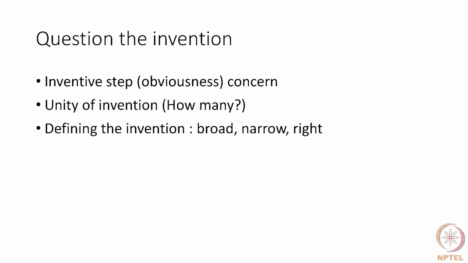Now, in defining the invention, you could either take an approach of crafting a broad problem solution statement, depending on your knowledge about the prior art, or you could create a narrow statement, because in some cases the narrow approach is mandated. It is something which you will have to do.